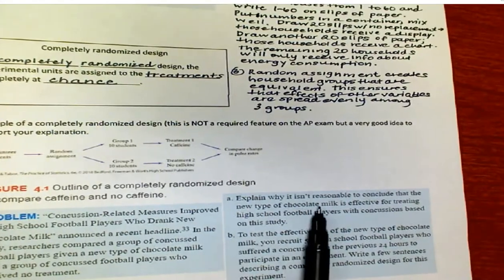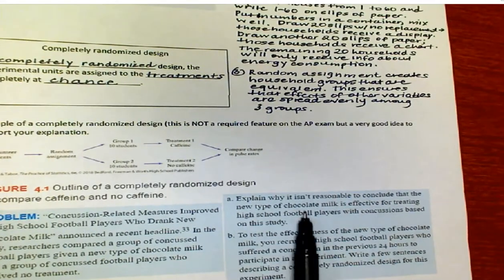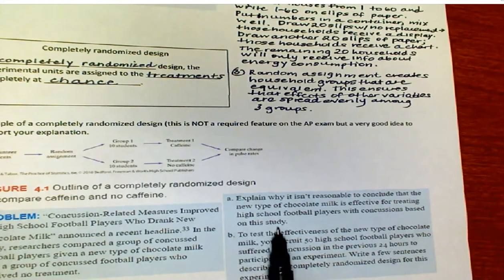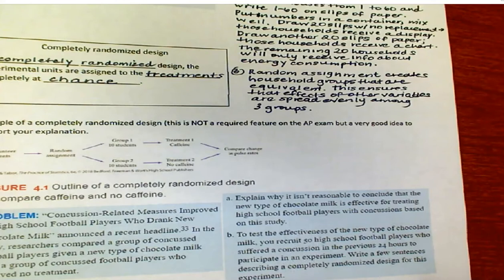Explain why it isn't reasonable to conclude that the new type of chocolate milk is effective for treating high school football players with concussions based on this study.